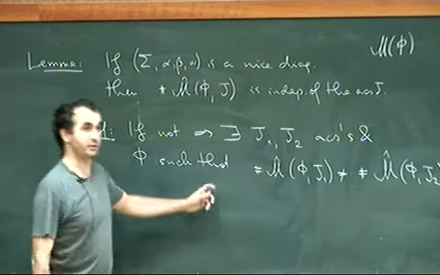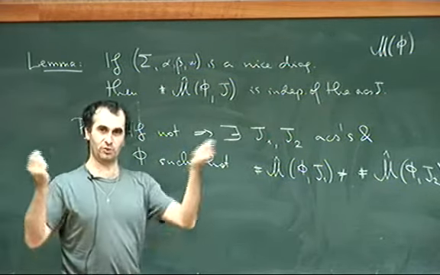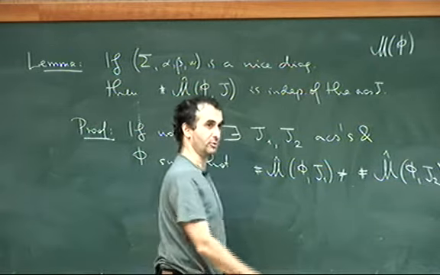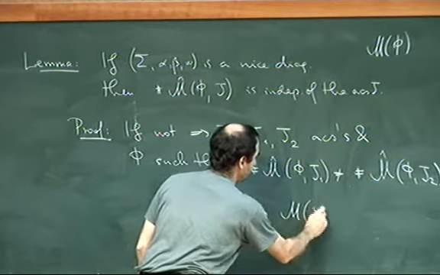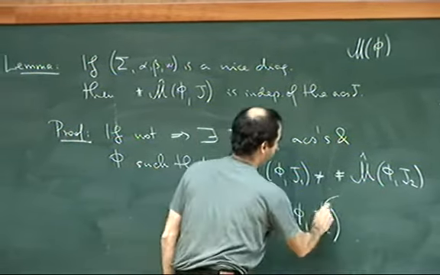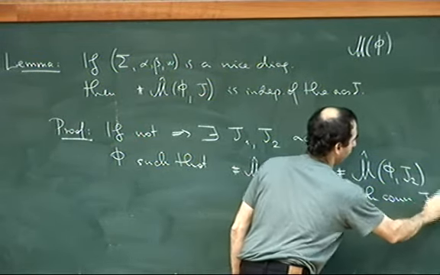That would be a counterexample to the topological invariance. Okay, so what do we do if we have two almost complex structures? Well, we connect them by a path of almost complex structures, right? And we just take this moduli space of GT, where this is a path connecting J1 and J2.